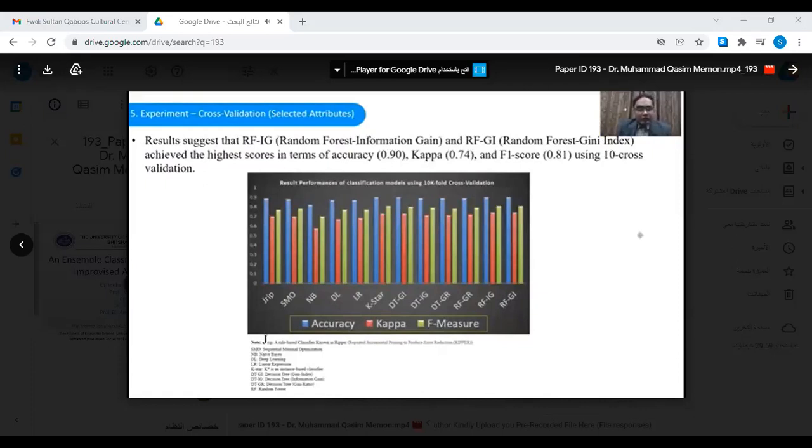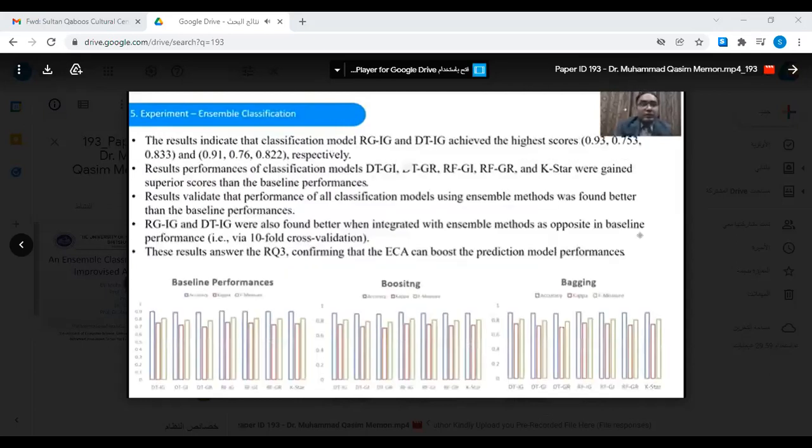You can see all the models: JRip, SMO, Naive Bayes, deep learning, linear regression, K-star, and decision tree having 3 variants, random forest having 3 variants. The classification models using 10-fold cross-validation give very superior results with random forest and decision tree.